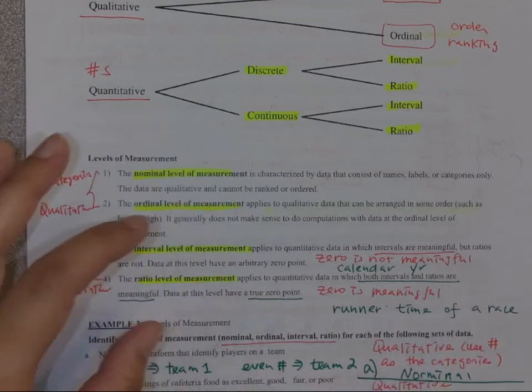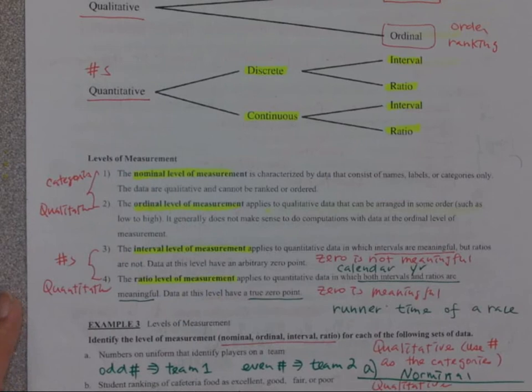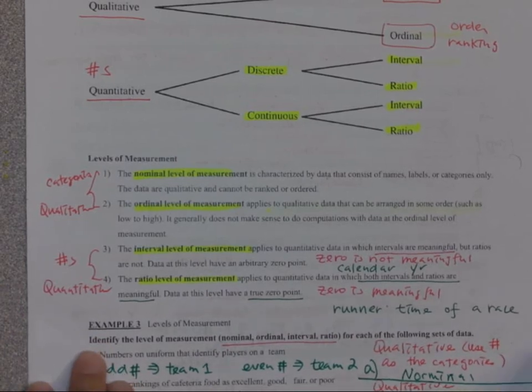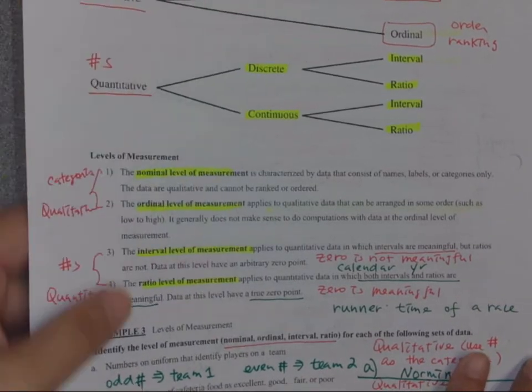So those are a little bit harder. So if you can categorize them as quantitative, qualitative, discrete, continuous, and ordinal and nominal, I'm pretty good. Are we okay with that? Okay. All right, so that's 2.1.